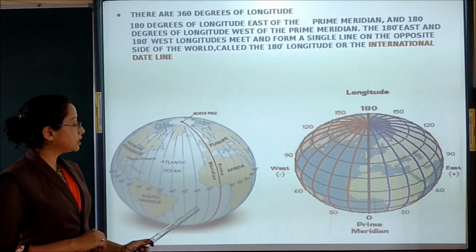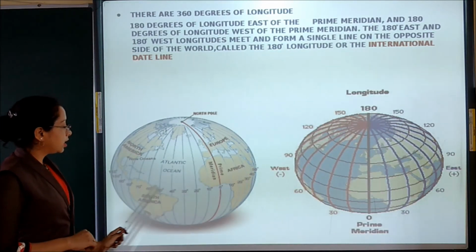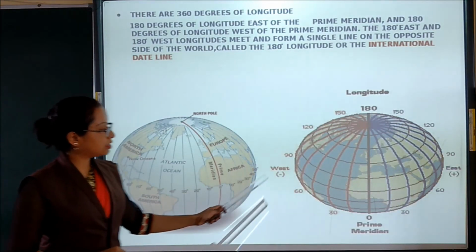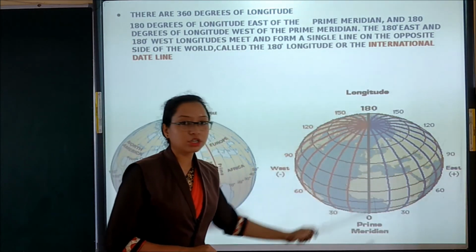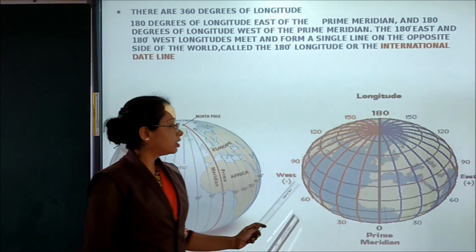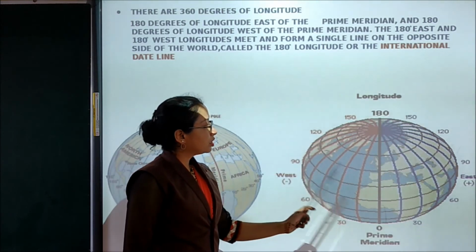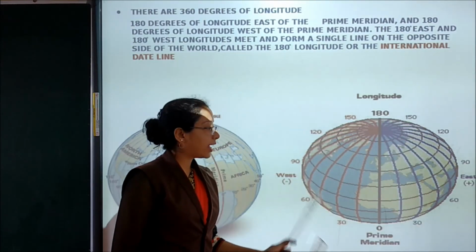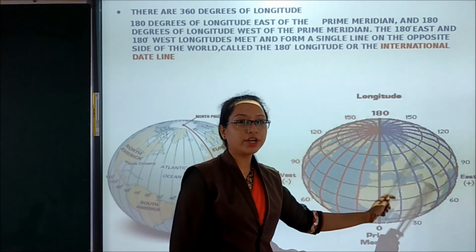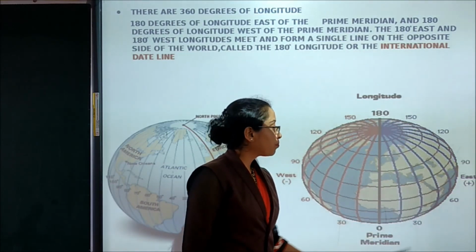So here you can see in this picture also there is west and east, and here also west and east. In this picture we can clearly understand that towards the west is 180 degree of longitude and towards the east also there is 180 degree of longitude.